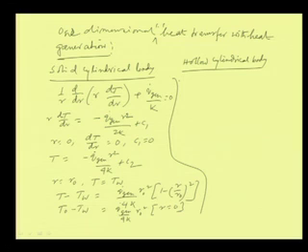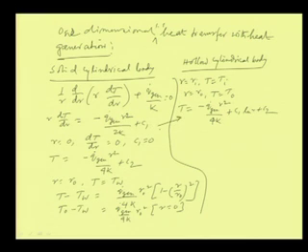The boundary conditions are at r equal to r I, T will be equal to T I, and at r equal to r O, T is equal to T O. Based on that, what we will find is T is equal to minus q dot gen r square by 4 k plus C 1 ln r plus C 2.